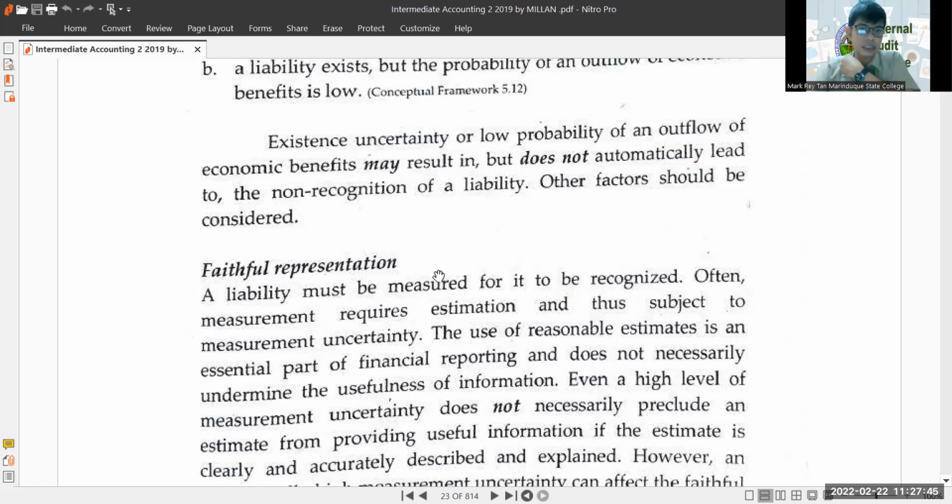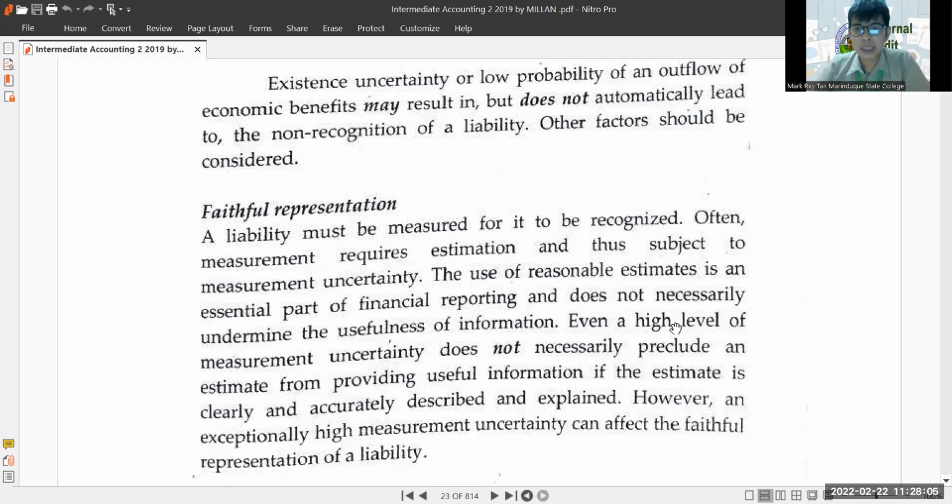Sinabi natin class measured or measurement. This is, we assign value to that item. In this case, liability. Bago mo ma-recognize yung liability, dapat ma-measure mo muna siya. Ibig sabihin, may peso value. Okay? Kaya lang, ang problema, class, yun kasing measurement, hindi yan laging andyan.